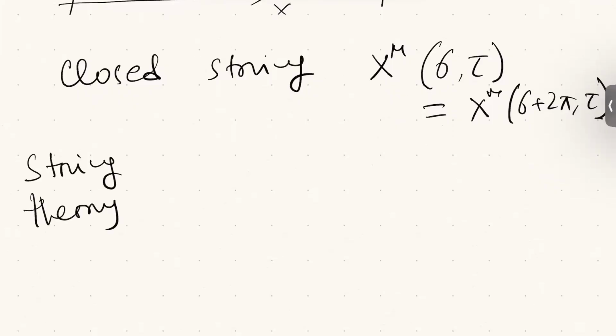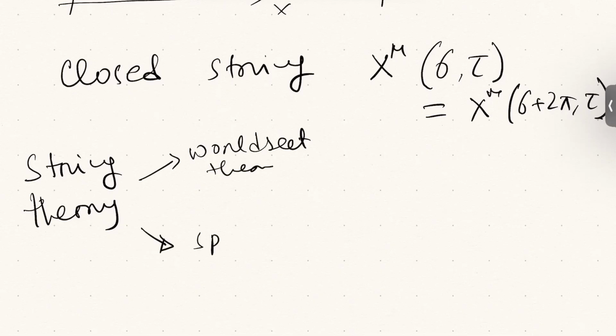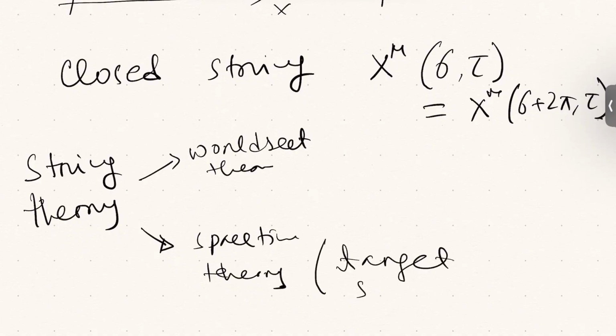You will obviously see one is worldsheet theory, and the other is target space. Okay. So we call this guy for some reason target space.